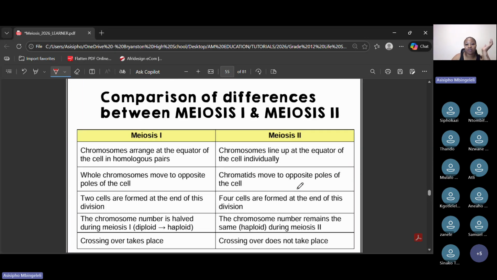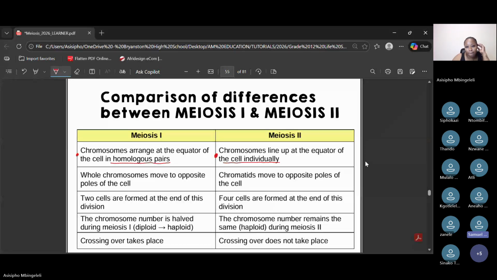Chromosomes arrange at the equator of the cell in homologous pairs, and chromosomes line up at the equator individually. Which phase are they comparing here? Anyone?